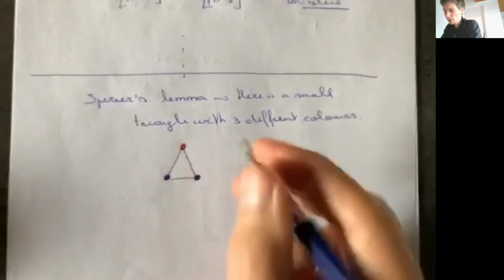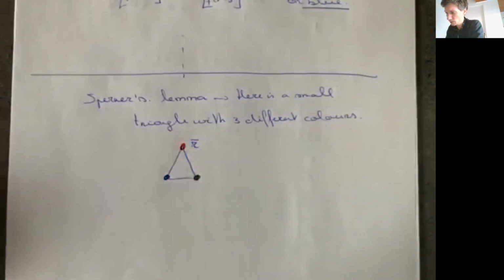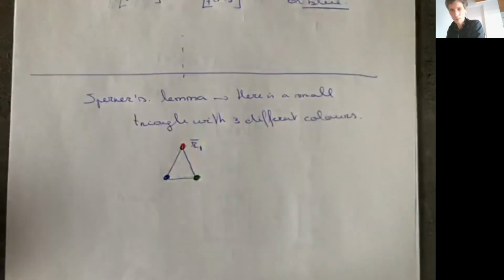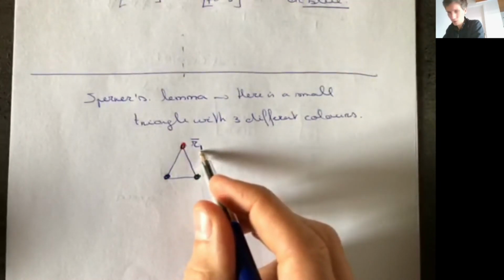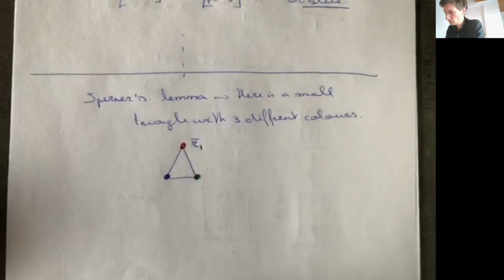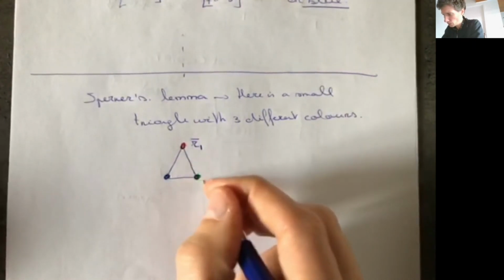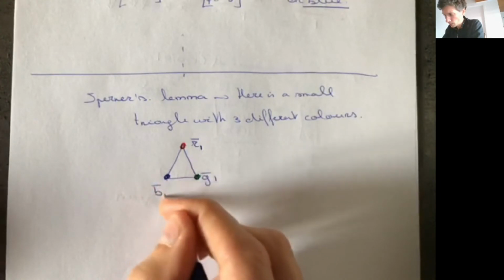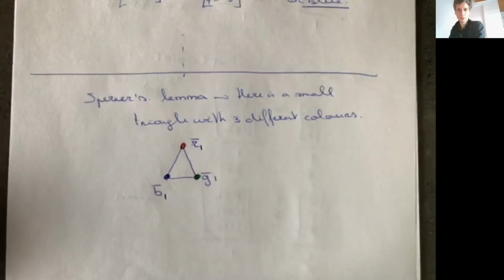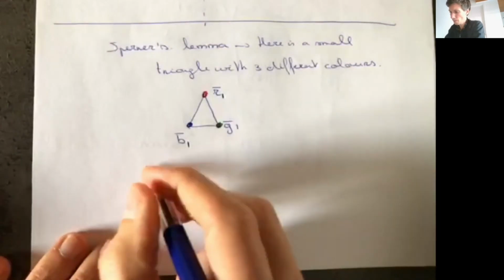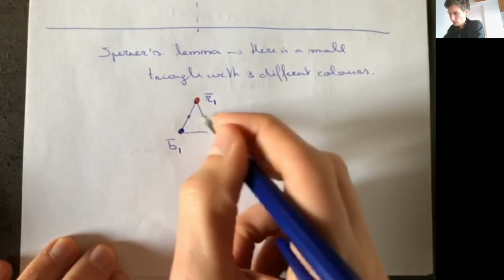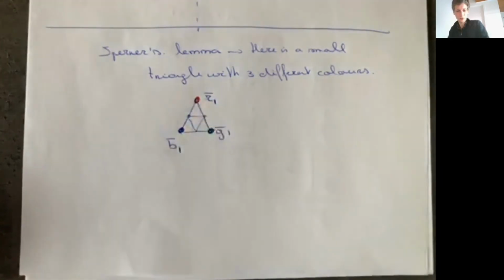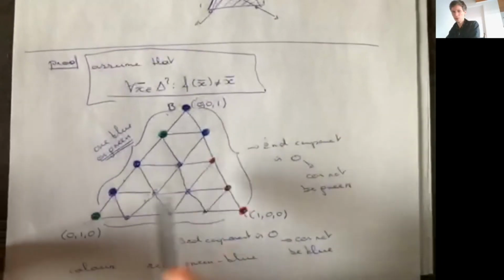Wherever the red is, I will call the red vector R1. It's not a component, just a number to indicate this vector. I will call the green G1, and I will call the blue B1. What I can do is divide all these triangles into smaller triangles, similar to what we have done here.